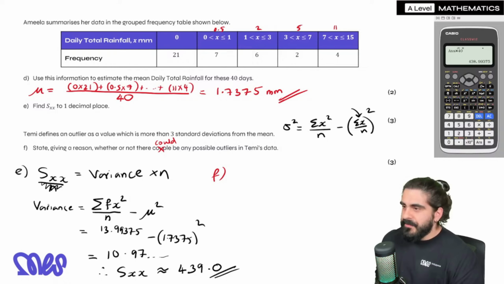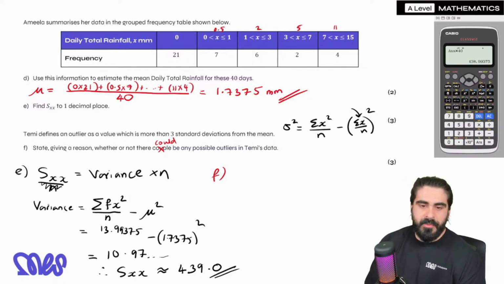All right, well, we did have the variance. We need to square root that, right? The standard deviation will be the square root of 13.99375 minus that 1.7375 squared.